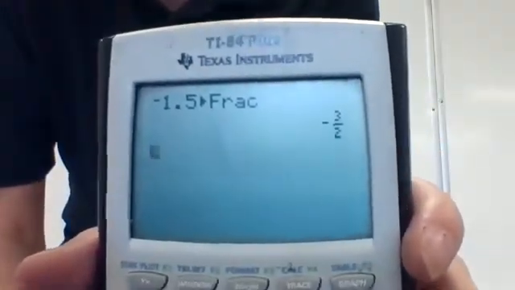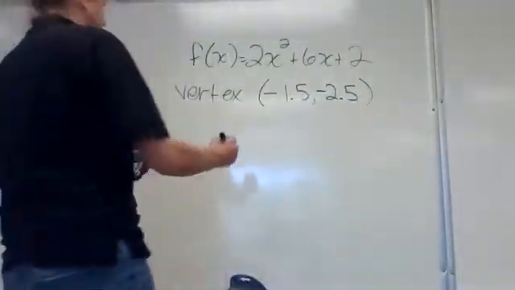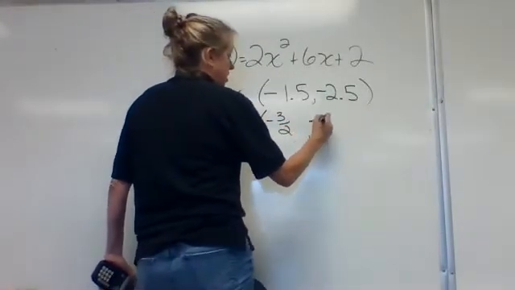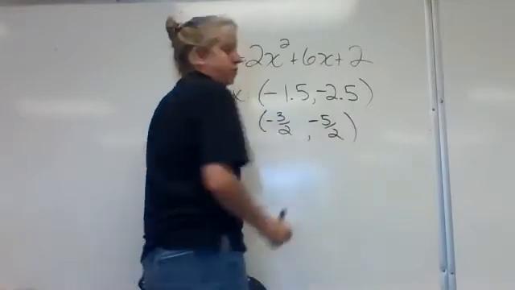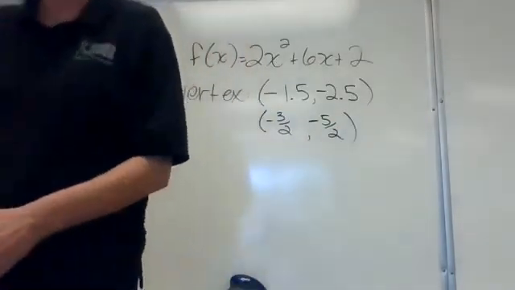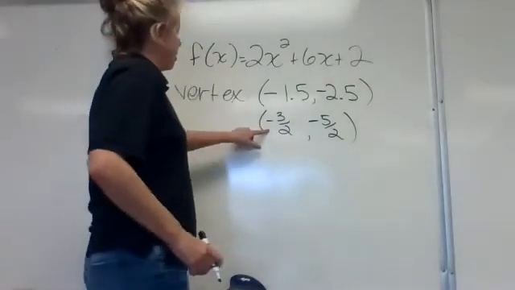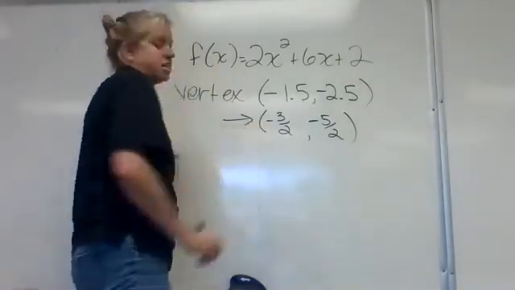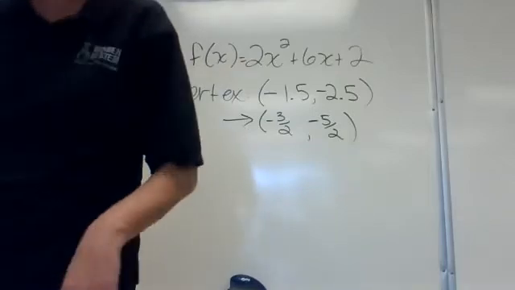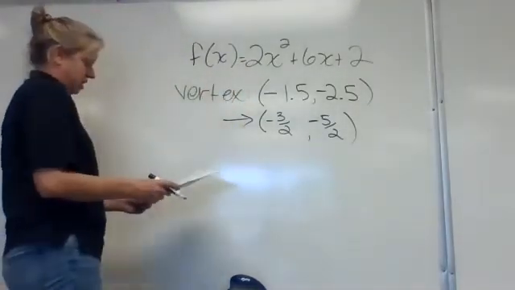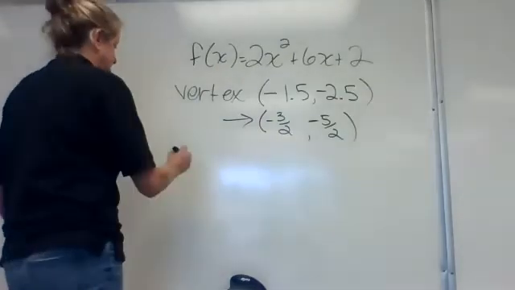So that's going to be negative 3/2. If you do it again with this one, it'll be negative 5/2. Okay, so that's going to be my vertex, and this is how you're going to have to type it into MATLAB using the fractions. But now that I have that, it's wanting to know what is the axis of symmetry.